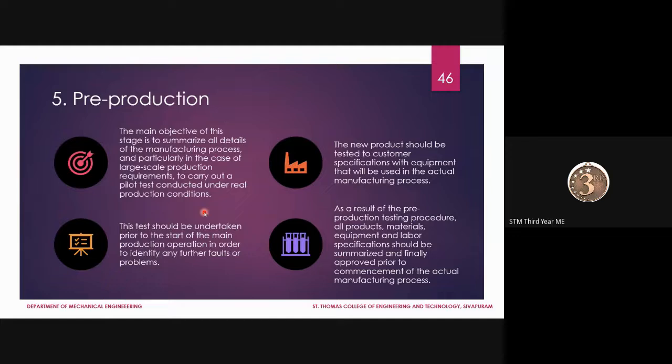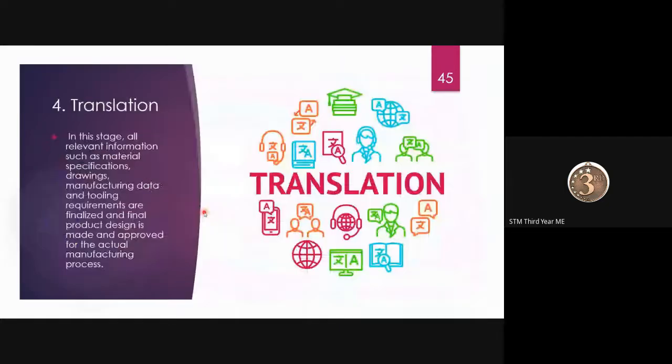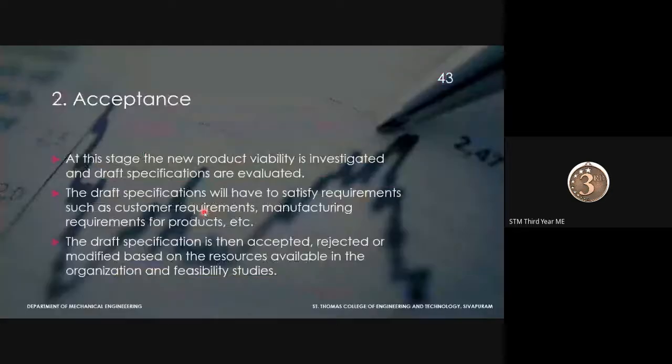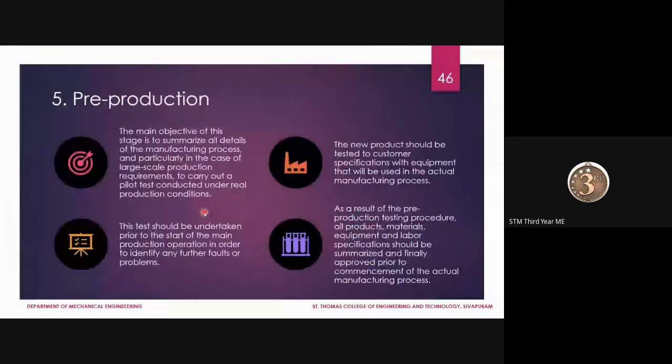If it's positive feedback, then you can carry on with the production cycle, otherwise you have to start again with idea generation, acceptance, execution, translation, and finally pre-production. So these are the product development processes involved. Don't confuse it with the product life cycle. These are both different: product development process and product life cycle.